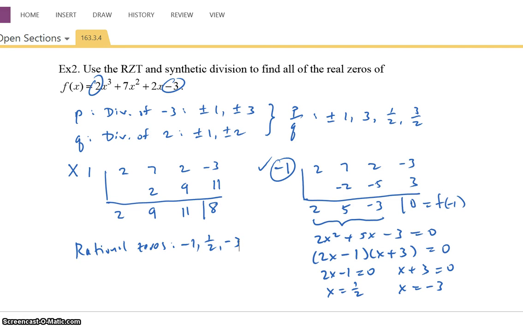We continue now with the section 3.4 notes, and I just want to make a couple of concluding comments regarding example 2, which we worked out at the end of the first video.